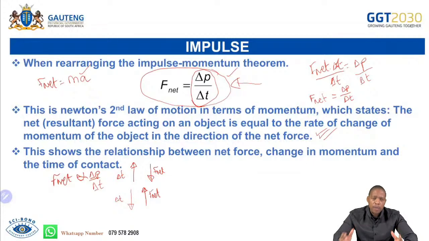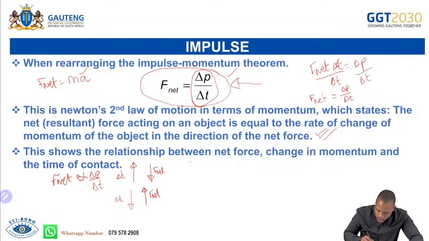Remember, when you're doing an experiment, there are certain variables that you want to keep constant or fixed. So we're going to keep the change in momentum the same. However, the time it takes for it to change is the one that is different. So we're going to find out the relationship with time.